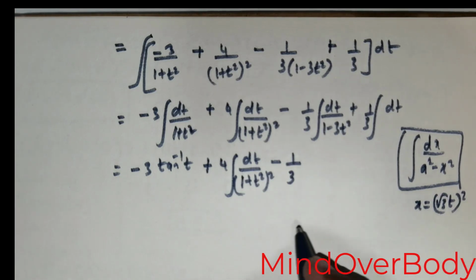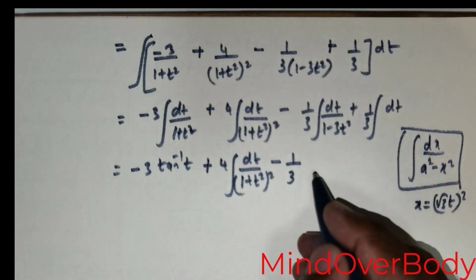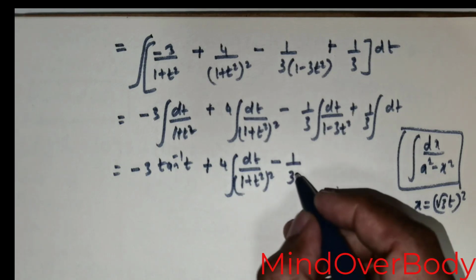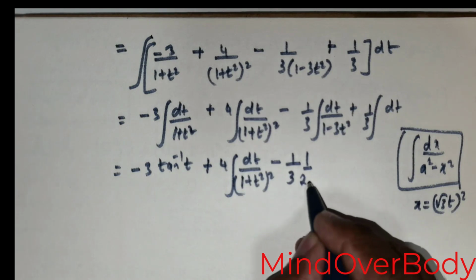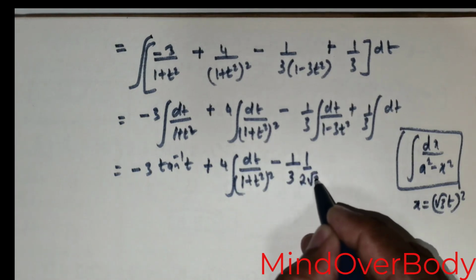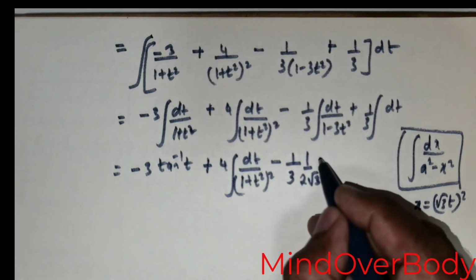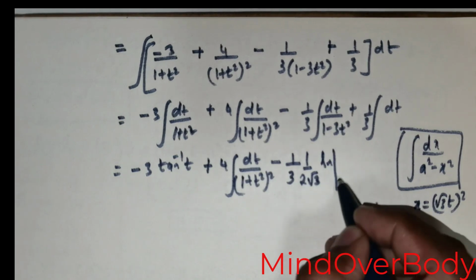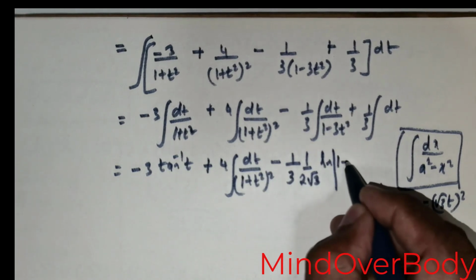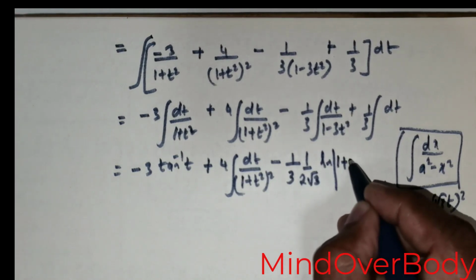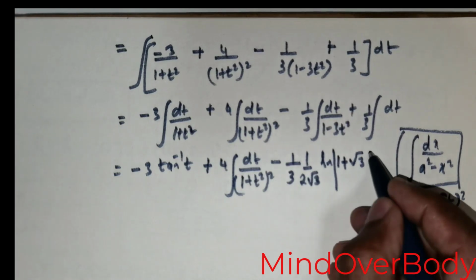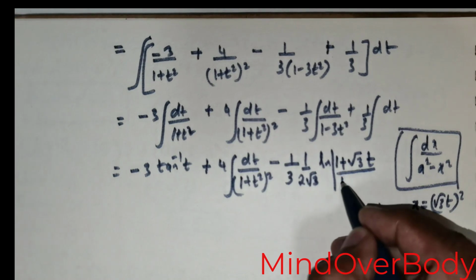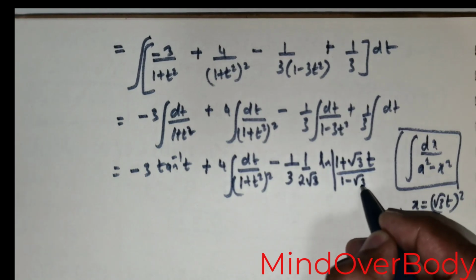So that would mean we can apply this formula. So if I were to apply this formula, this would become 1 over 2 times root of 3 times ln of modulus of 1 plus root of 3 times t divided by 1 minus root of 3 times t.